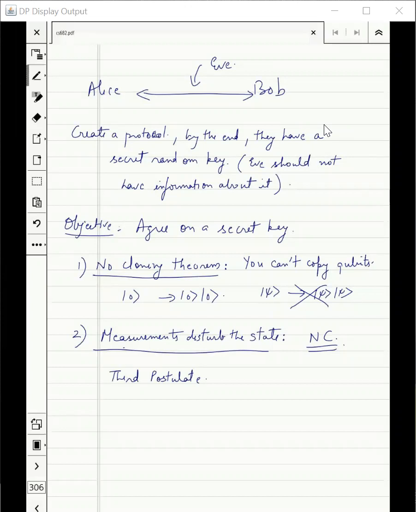Now, whenever you measure some state, if it's not in that basis itself, it will change. And then we can detect it. How we detect it, I will show you one example. These are the two quantum mechanical principles which are used to make this BB84 protocol secure.